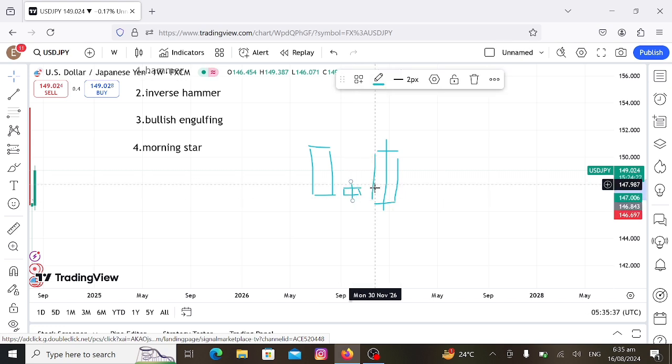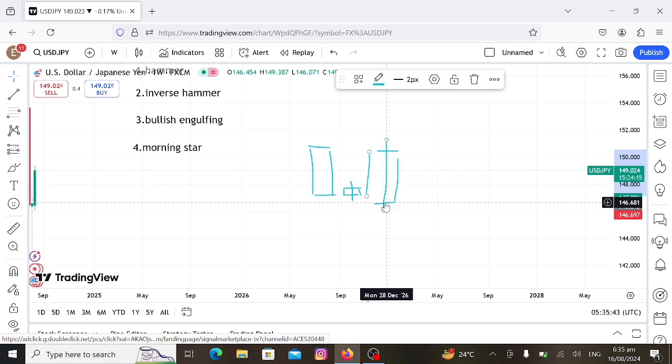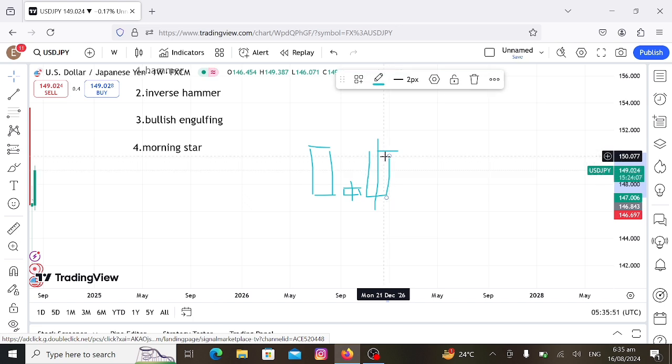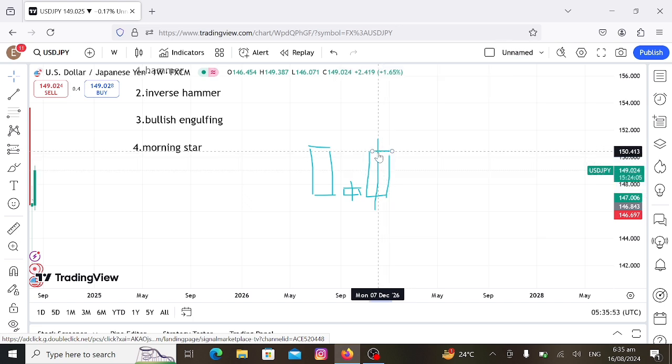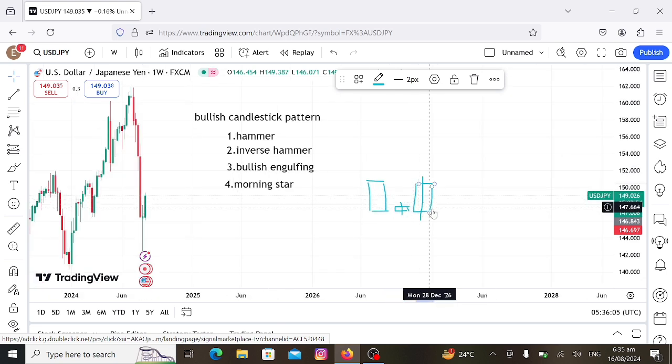Okay, this is how a money star looks like basically in the charts.